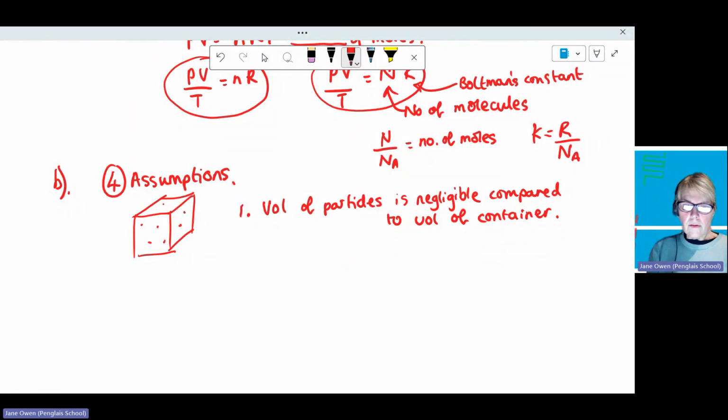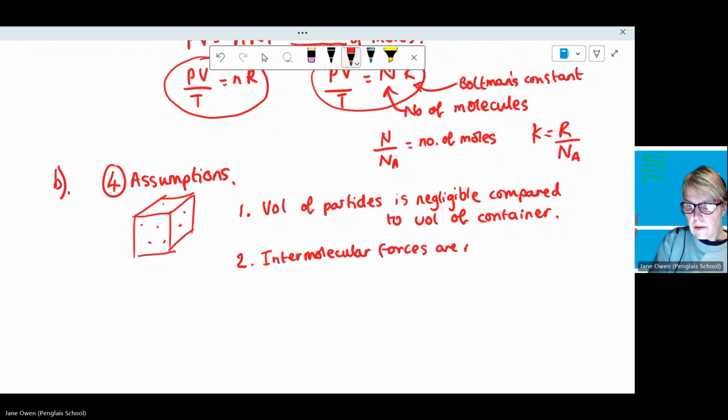Okay, the second one is that the intermolecular forces are negligible except during a collision.